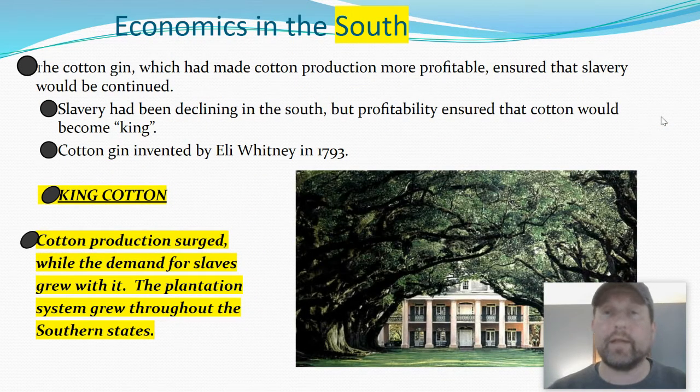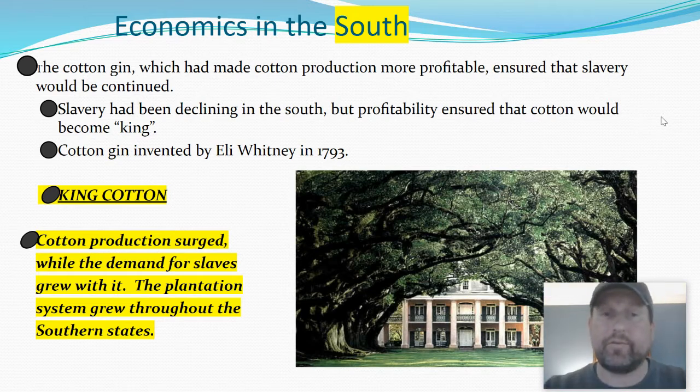So this concept of king cotton becomes predominant in the southern economy. In the South, it's no longer tobacco. It's no longer rice or indigo. Cotton is king.